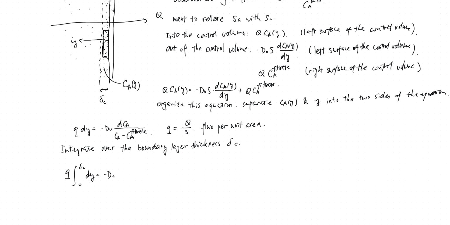Now the concentration on the surface, because you need to see what happens at y equals 0. The y equals 0 is the Ca surface. Then at y equals delta C, it's the Ca bulk.